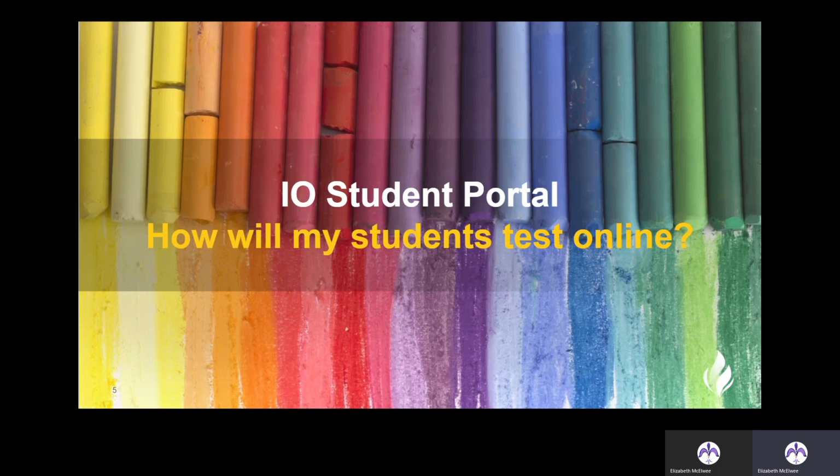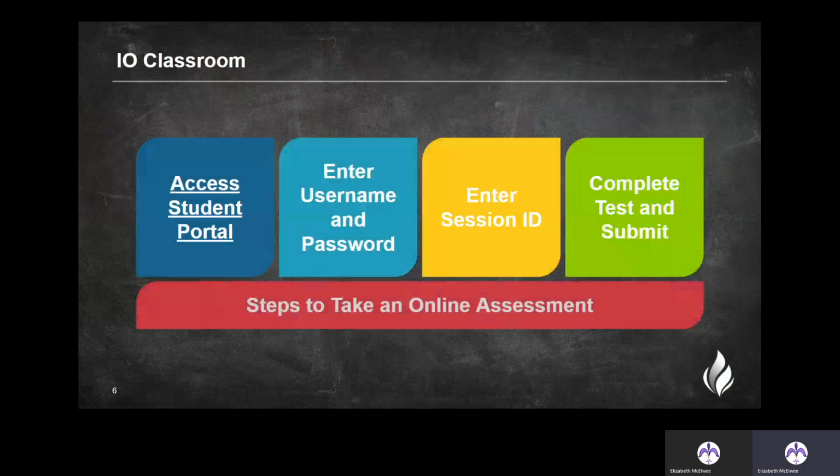How will my students test online? Your student will need to know how to access the student portal. They'll need to have the credentials, which is their username and password, which you will provide to them. They will also need the session ID that you will generate, and then they will complete the test and submit.